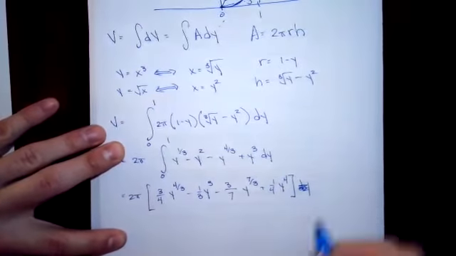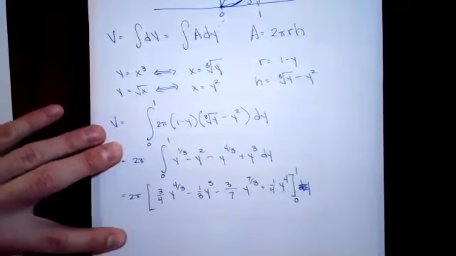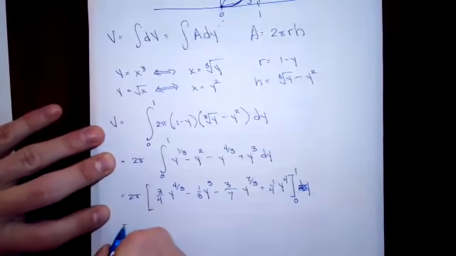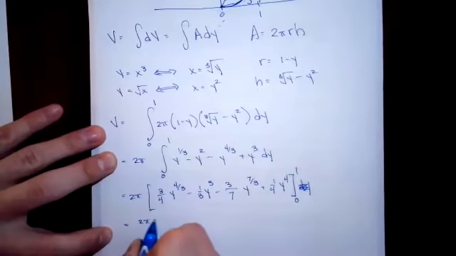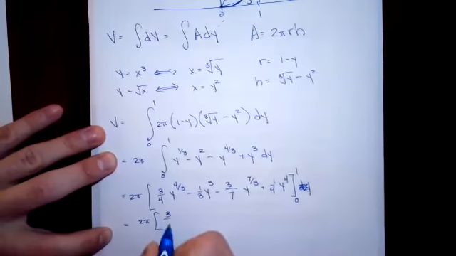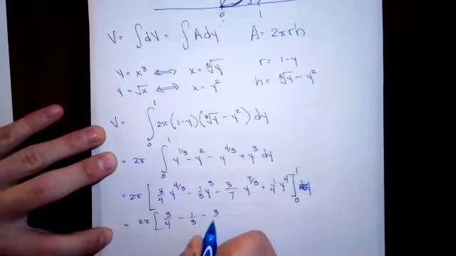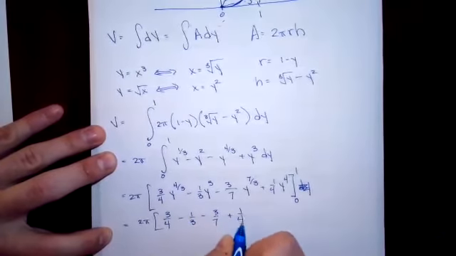Oh no, sorry, not dy. 0 is not going to matter. And so what do we get when I plug in 1? We just get a bunch of fractions we've got to add together: 3/4 minus 1/3 minus 3/7 plus 1/4.